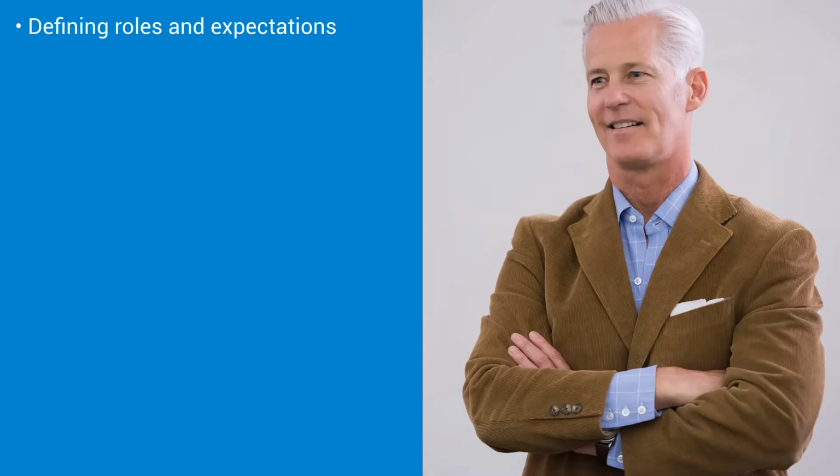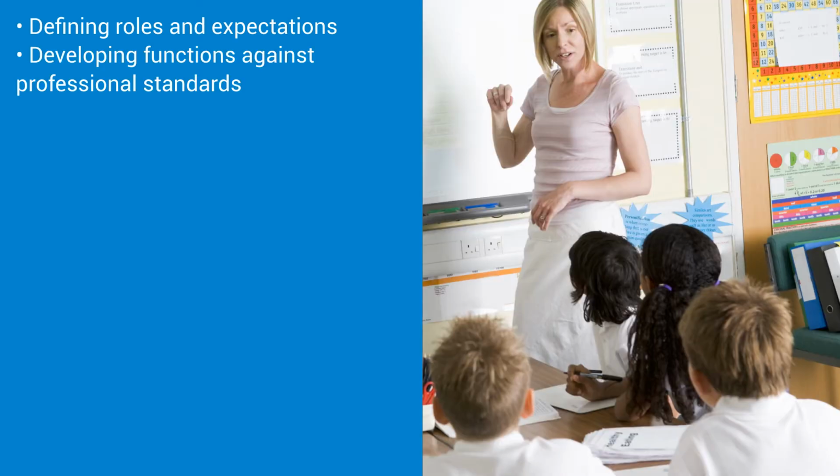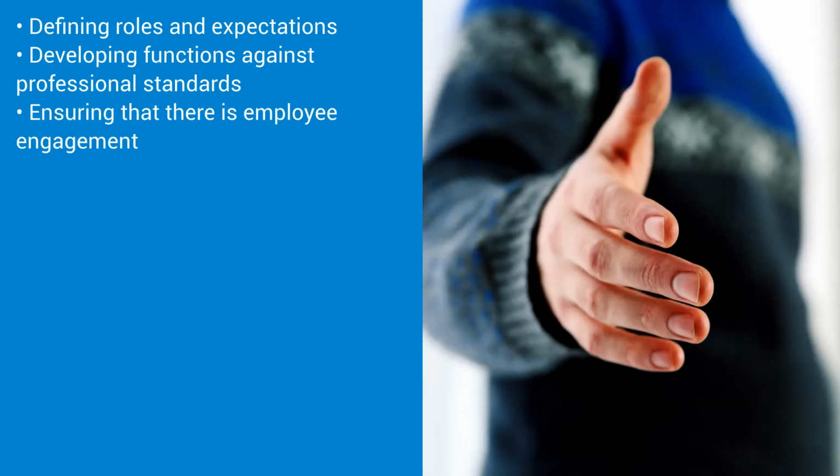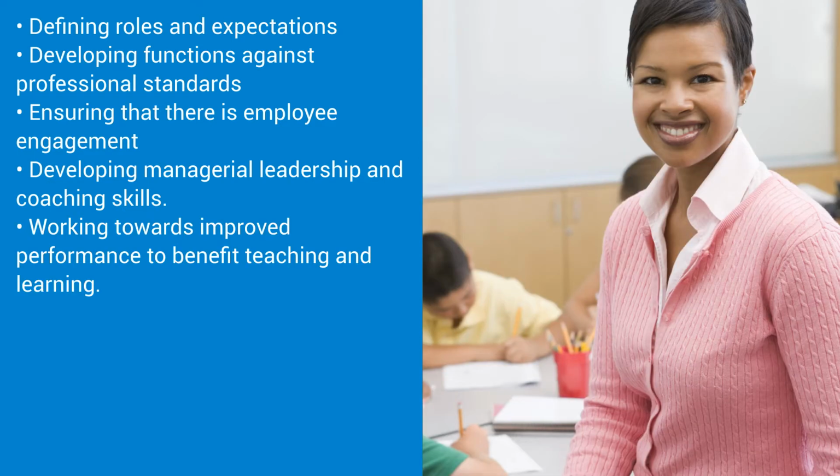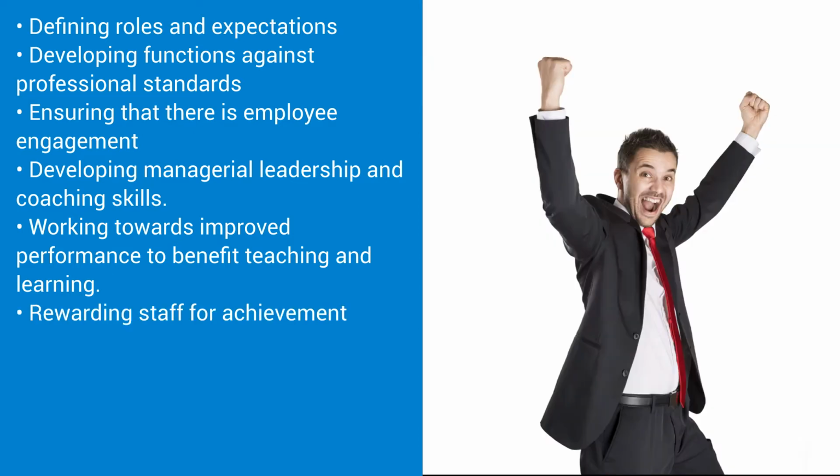The main objectives of performance management can be defined as defining roles and expectations, developing functions against professional standards, ensuring that there is employee engagement, developing managerial leadership and coaching skills, working towards improved performance to benefit teaching and learning, and rewarding staff for achievement.